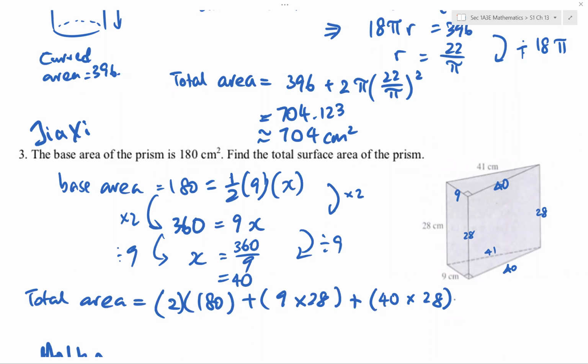The other side. What is the shape for the other side? Okay, what is the length and the breadth? 40 and 28 again. Okay, so 40 times 28, right? Okay, correct.